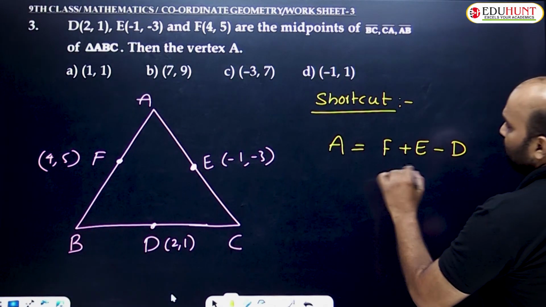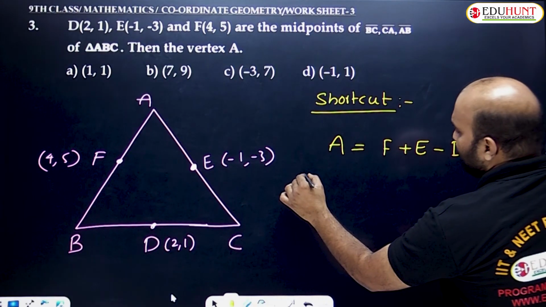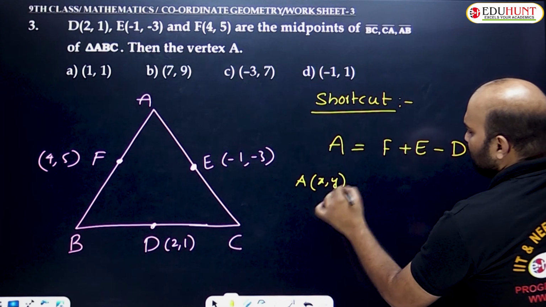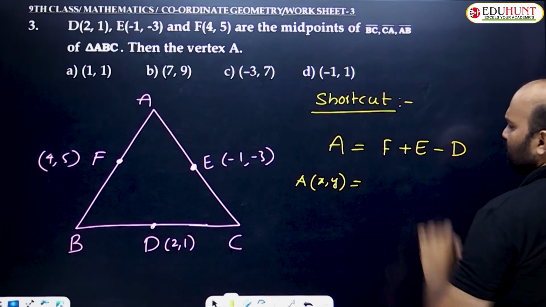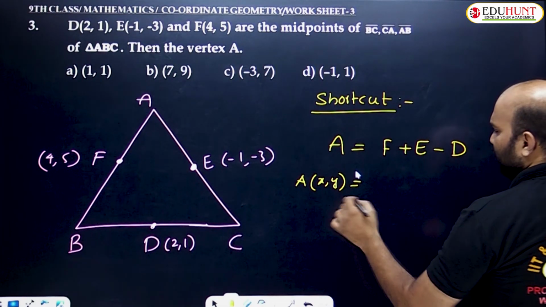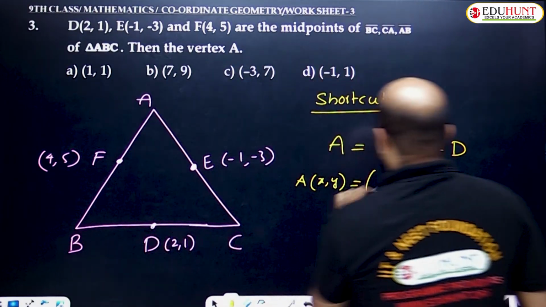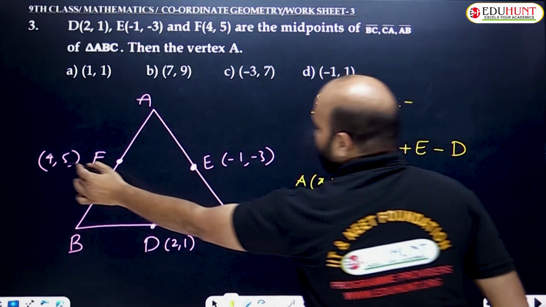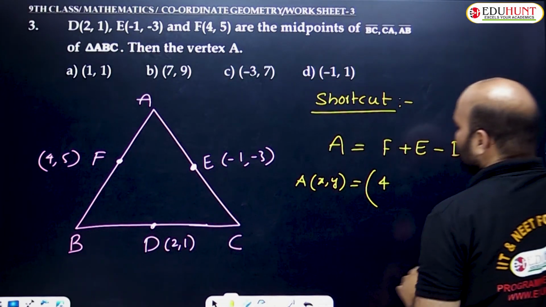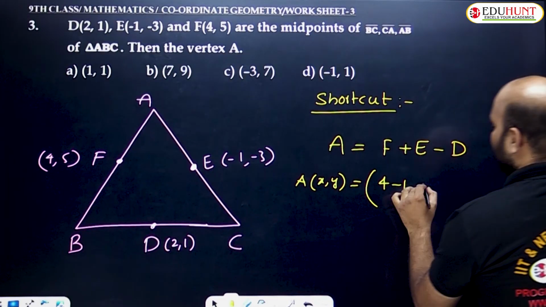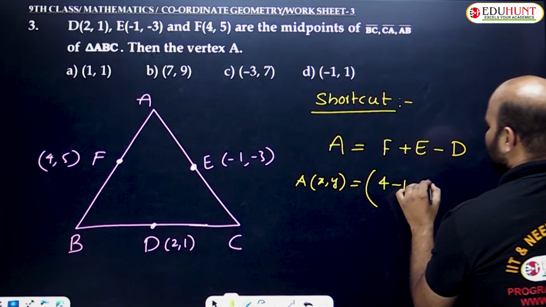Listen to me. The question asks for vertex A, nothing but X, Y. First, the X terms and Y terms are added. What is the X term of F? Clearly 4, the first coordinate. What is the first term of E? -1. Then minus D's first term, 2.